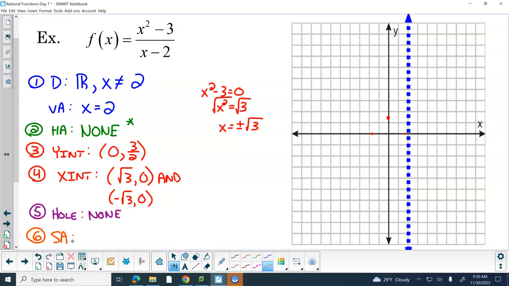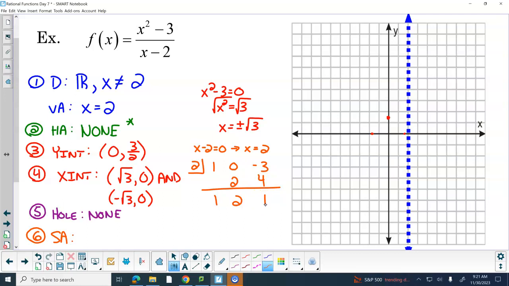So synthetic division would say I set x minus 2 equal to 0, and that gives me x equals 2. Then I plug that into 1, 0, negative 3. Drop, multiply, add, multiply, add.